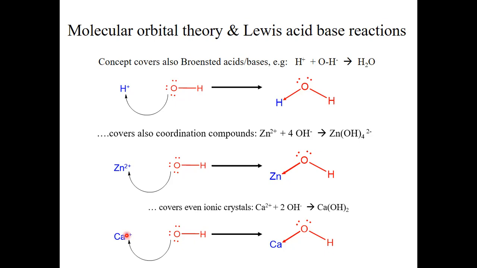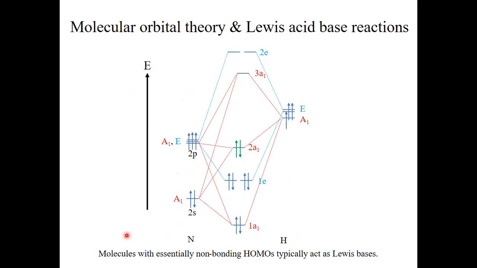Okay, so now let us see what molecular orbital theory can say about Lewis acid and Lewis base and Lewis acid-base reactions. So from the molecular orbital theory standpoint, what would be a typical Lewis base?